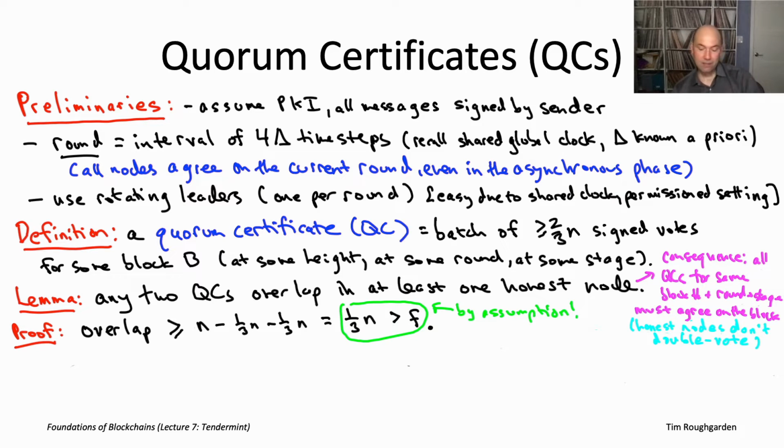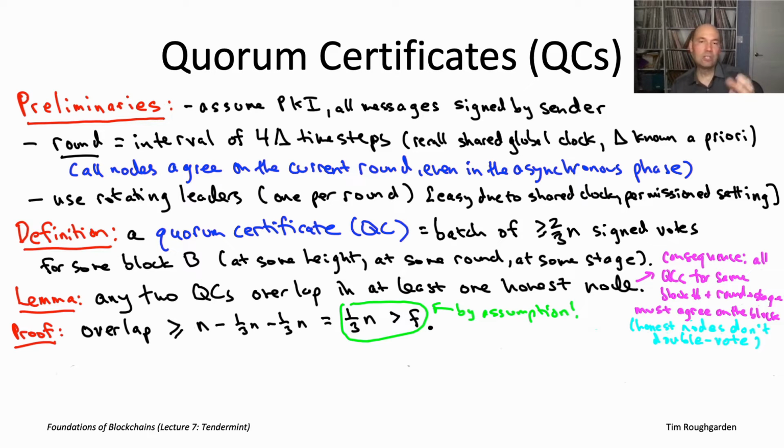Given that, why does this magenta statement hold? Well, consider two different QCs that match in the block number, the round, and the stage. The overlap lemma tells us there must be an honest node present in both of those QCs. But it's impossible that that honest node voted twice for two different blocks. It only voted for a single block, capital B, because both of the QCs include that vote.